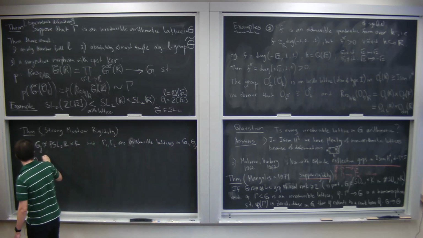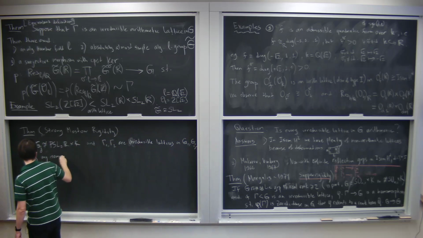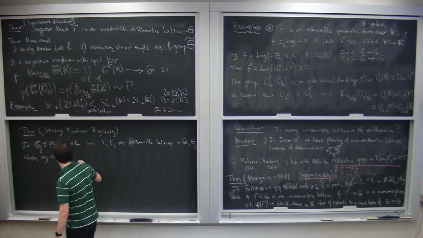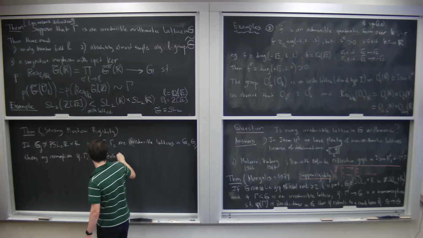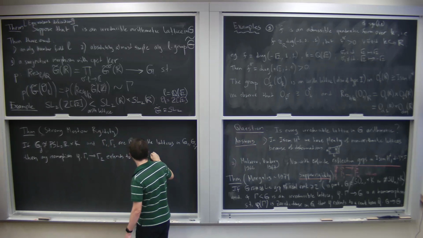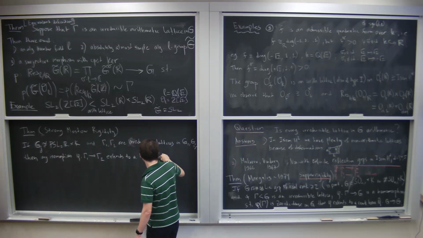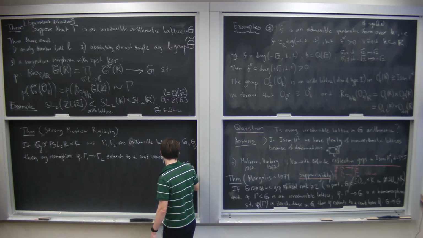any isomorphism phi from gamma 1 to gamma 2 extends to a continuous isomorphism of the ambient Lie groups.